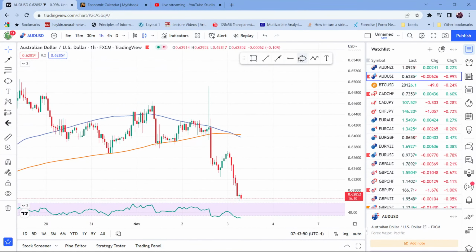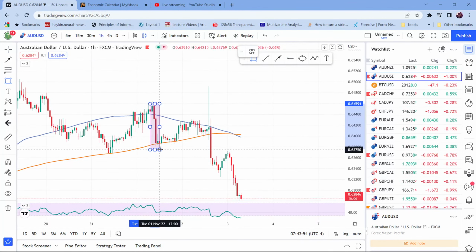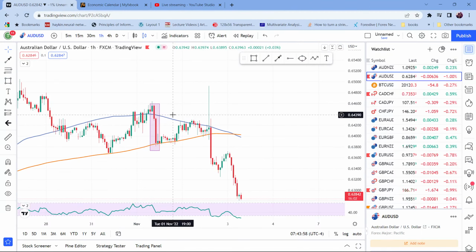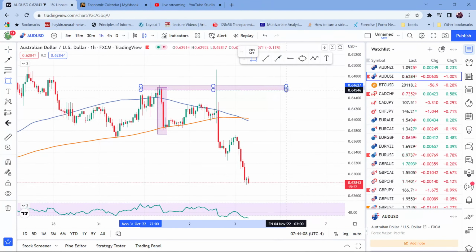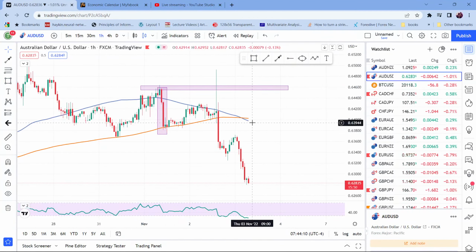Initially, when we got that bearish movement here, it's like okay, maybe we're starting to price in that expectancy, that market expectancy from the Fed interest rates being increased, and this was the priced in data that we were looking at.